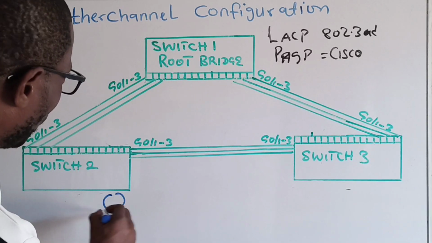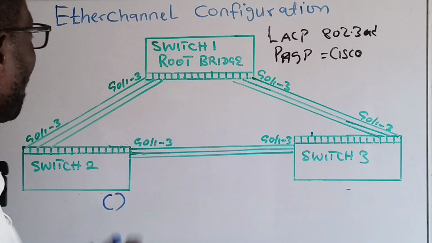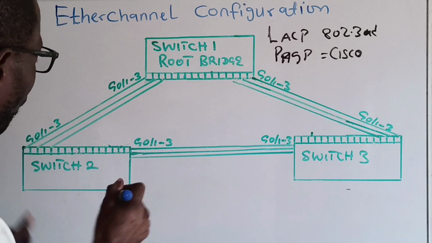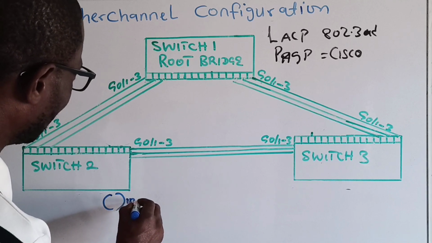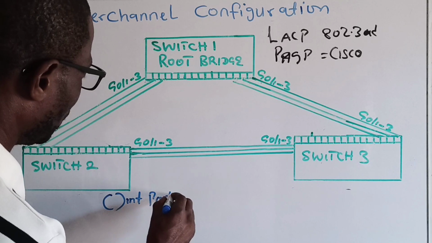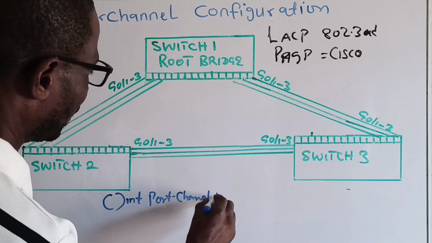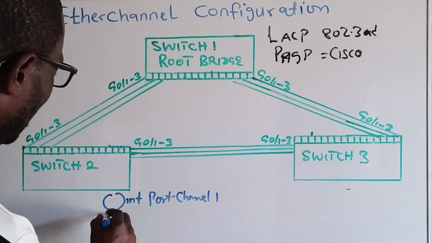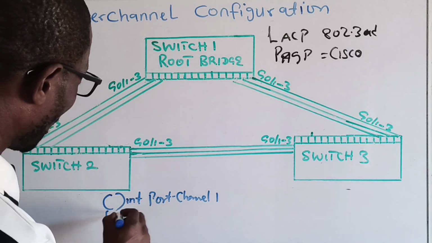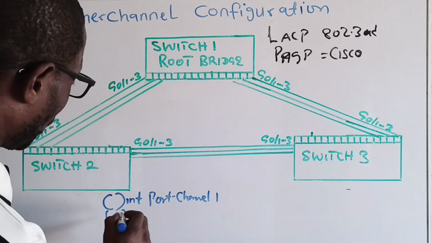Now, let's say you have come to global configuration mode on this switch. You want to configure trunk. I want to make this a layer 2 Etherchannel configuration. So now you need to do interface port-channel 1. You hit enter. This is a multilayer switch, so you need to do this. You are now in the port interface configuration mode, the Etherchannel port configuration mode.